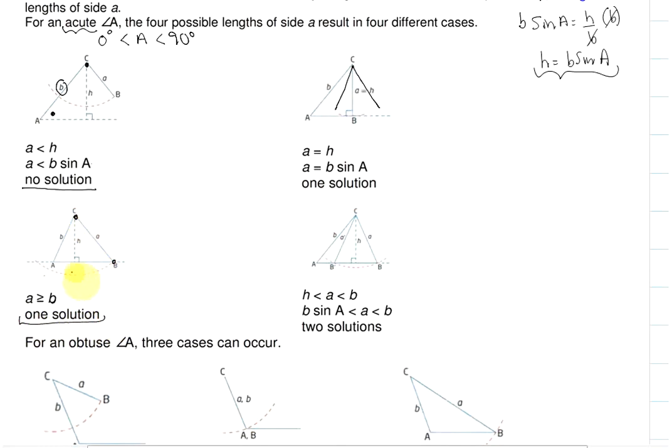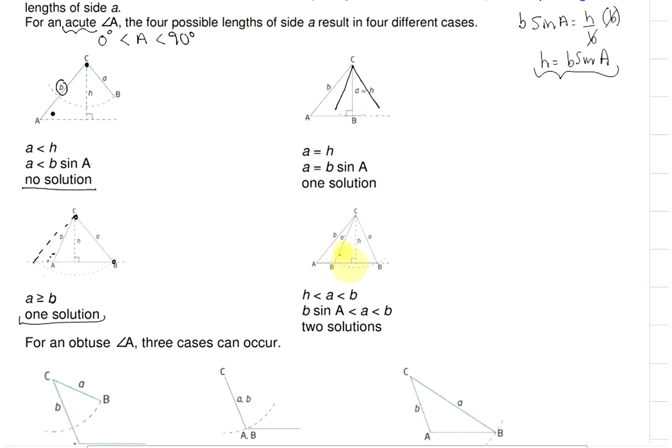If I swing it past point A on this side, it would probably meet over here somewhere, like right there. But then my angle A is no longer acute, and so I can't use this as a possible triangle because my angle A measurement has changed. And so there is only one possible solution for this diagram here.